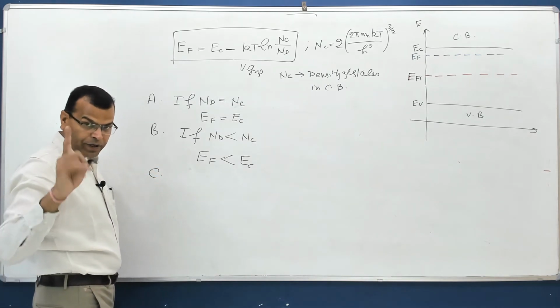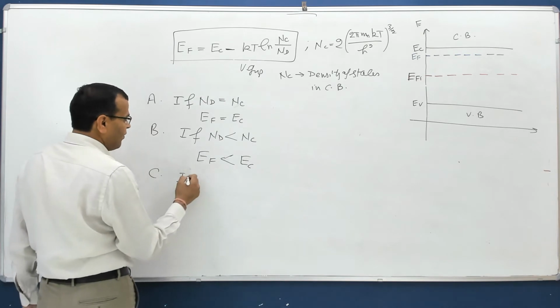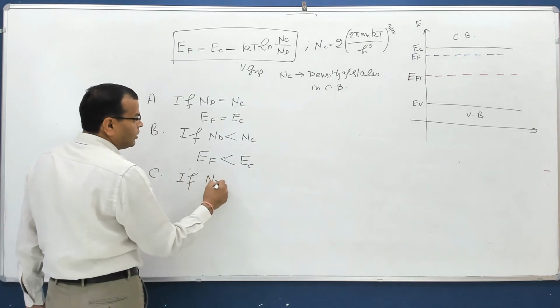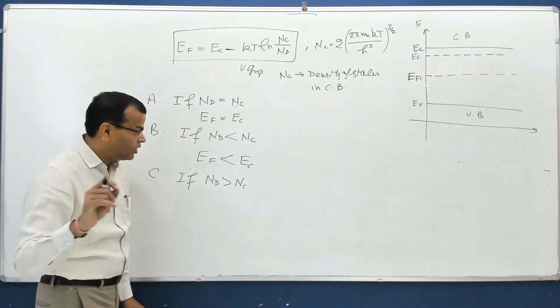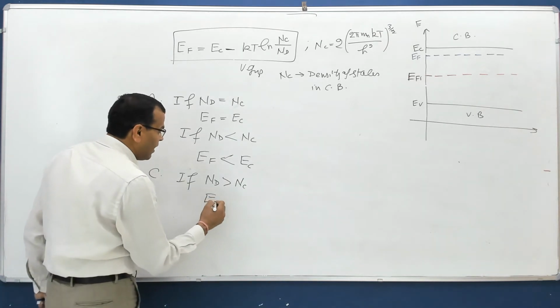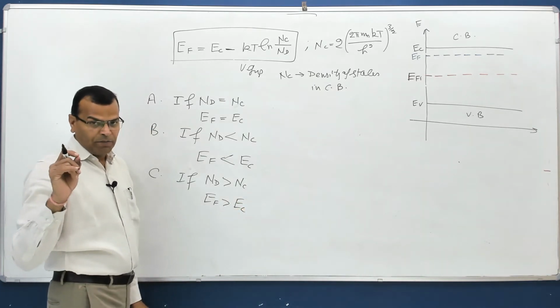The third case is very important. You have questions on this again. If the donor concentration becomes more than the density of states in the conduction band, the Fermi level is more than EC.